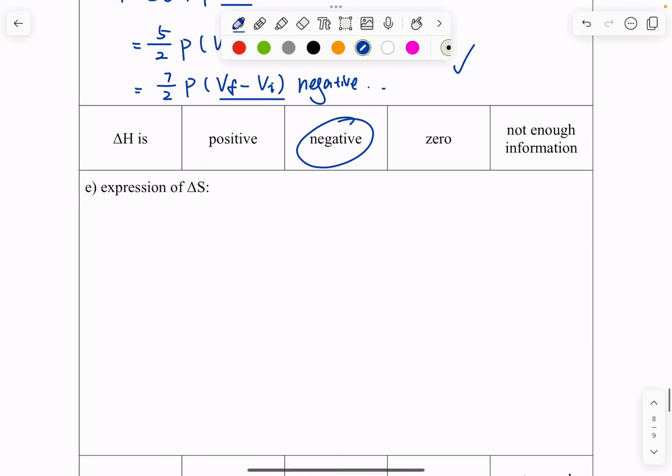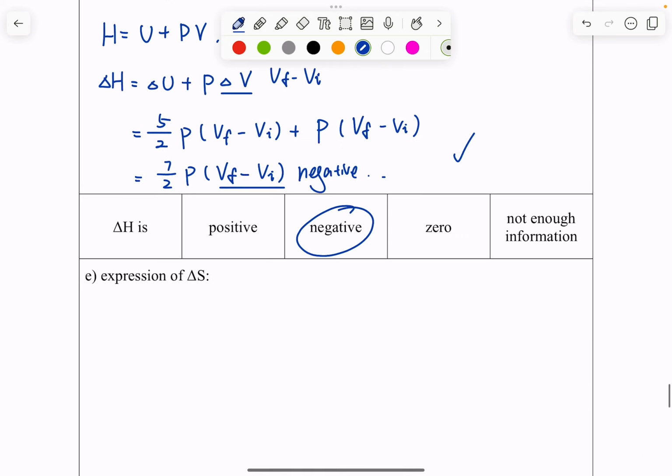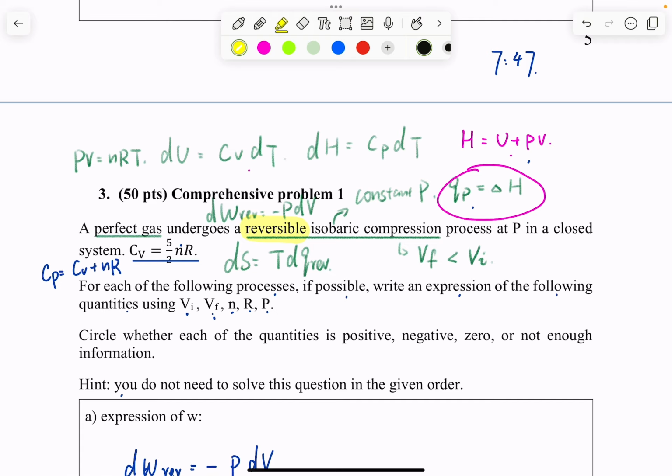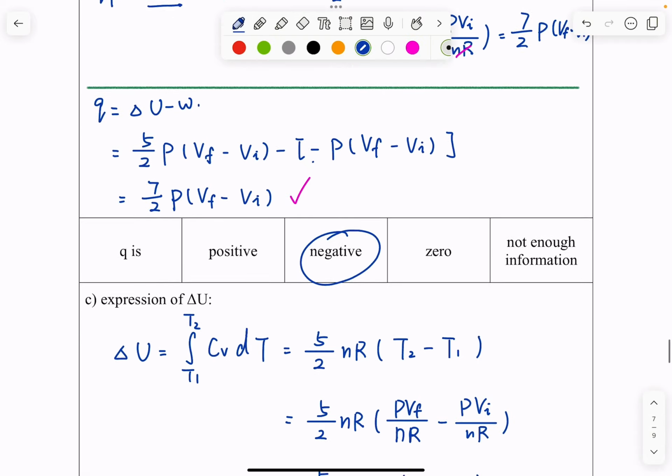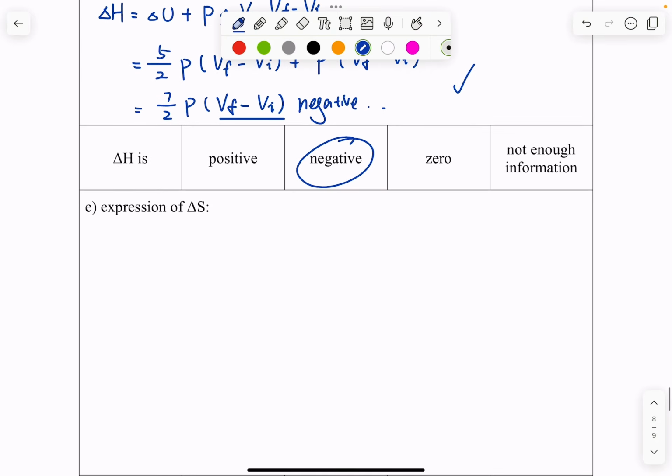All right, next up, delta S. So this is the change of state. What we have is a reversible change of state. So for delta S, reversible change of state, we can use the equation we derived, which is the integral from T1 to T2 of Cv over T dT plus nR log V final over V initial.